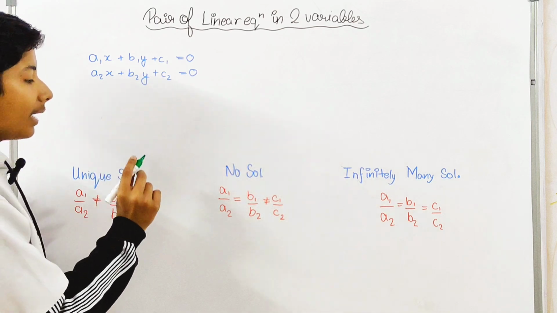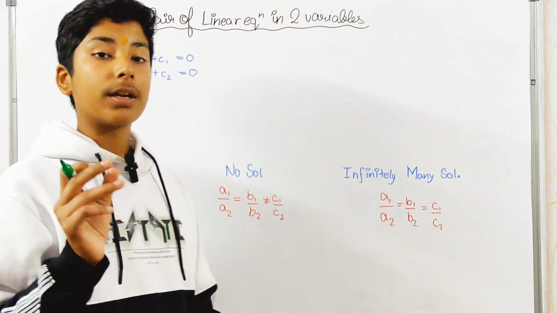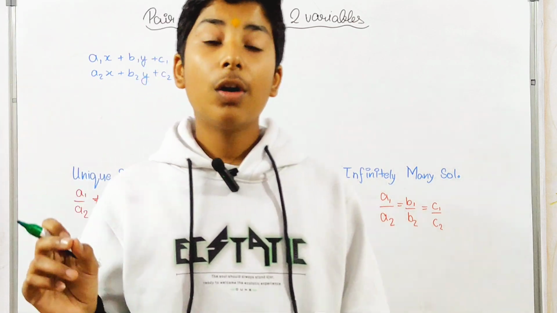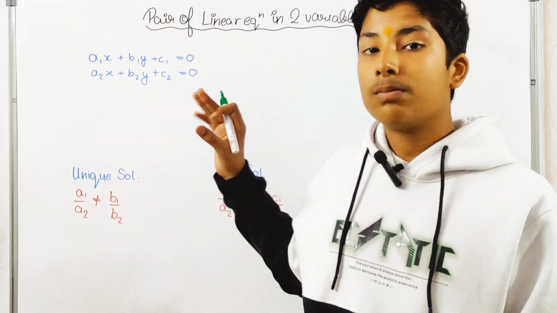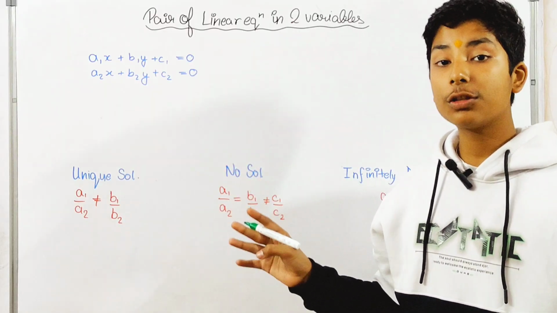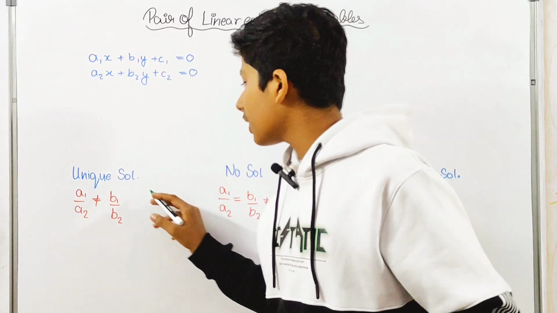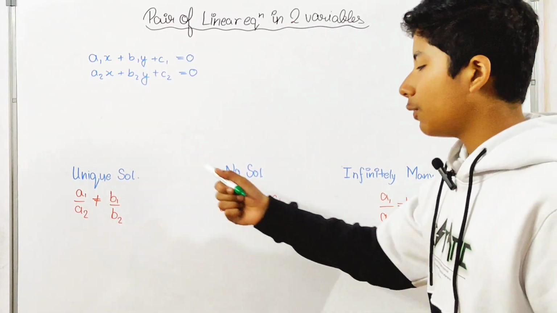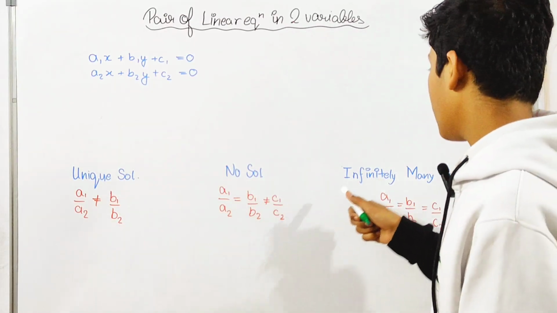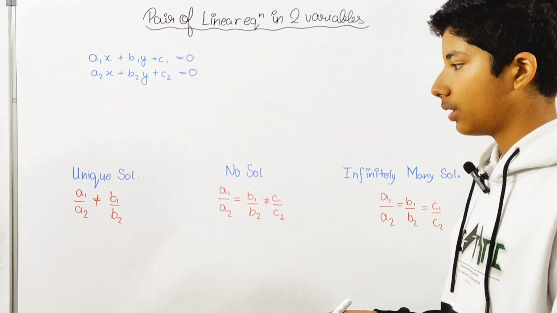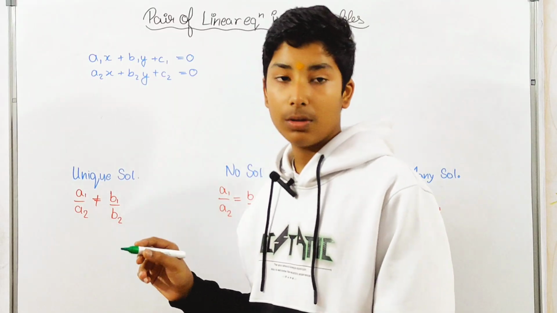Now here we will understand the nature of lines without marking them on graph, and also we will understand the types of solution. So basically there are three types of solution: unique solution, no solution, and infinitely many solutions. First is unique solution.